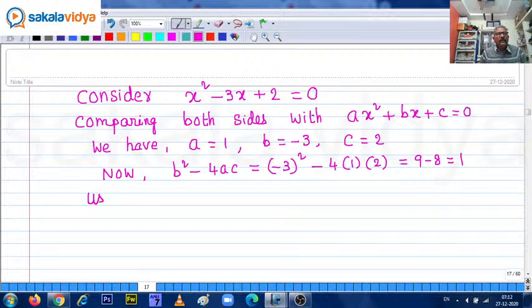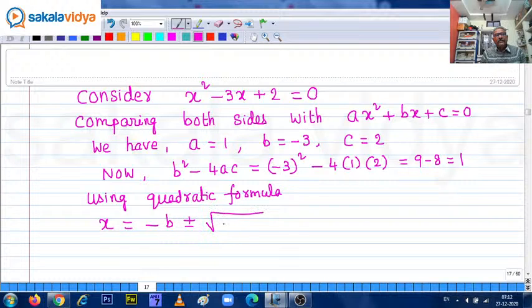So using the quadratic formula, which was given by the great mathematician Sridharacharya, our Indian. Credit goes to our Indian. So x equals to minus b plus or minus root of b square minus 4ac, whole upon 2a. What is b? b is equal to minus 3.